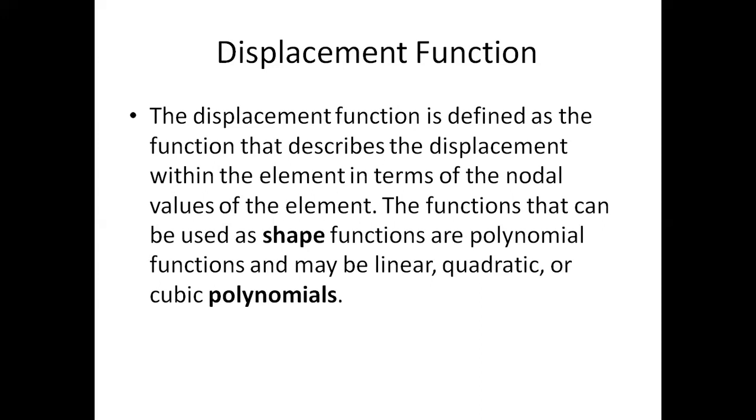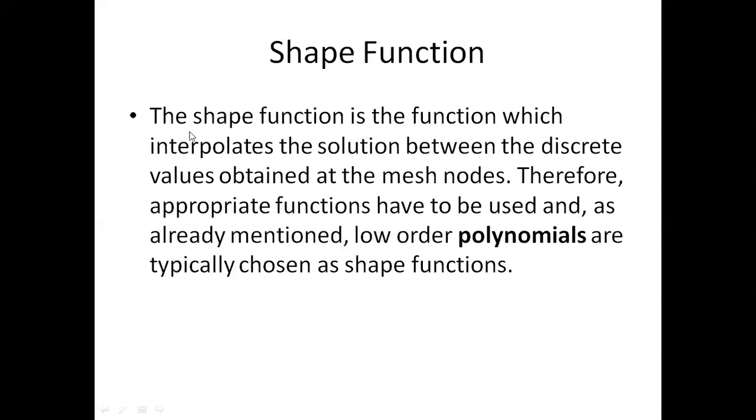It is a part of the shape function. Then what is the shape function? Shape function is the function which interpolates the solution between discrete values obtained at the mesh nodes. Therefore, an appropriate function has to be used, and as already mentioned, lower order polynomials are typically chosen as the shape function.